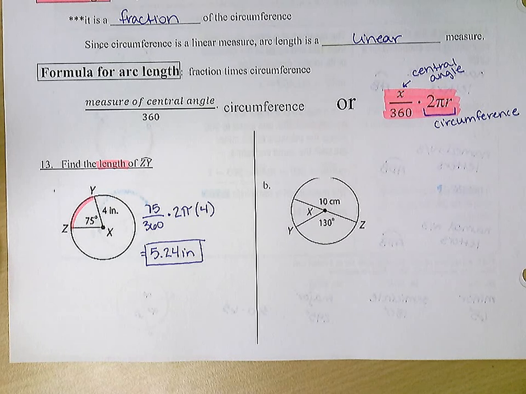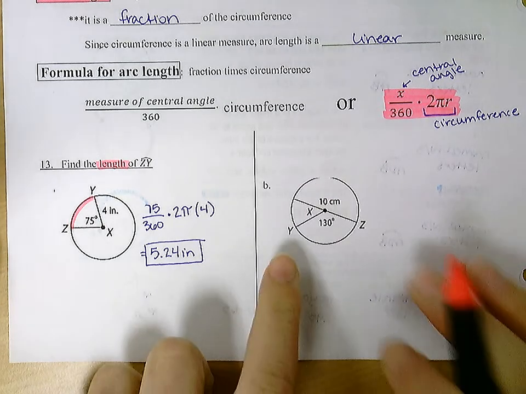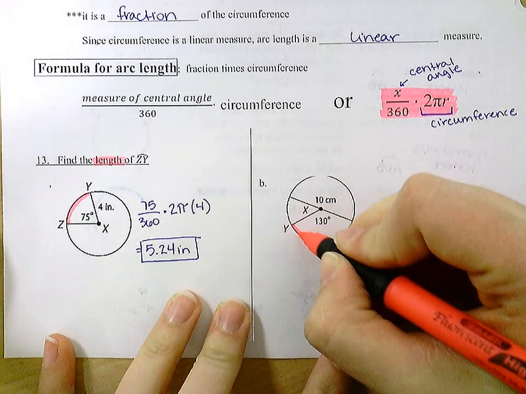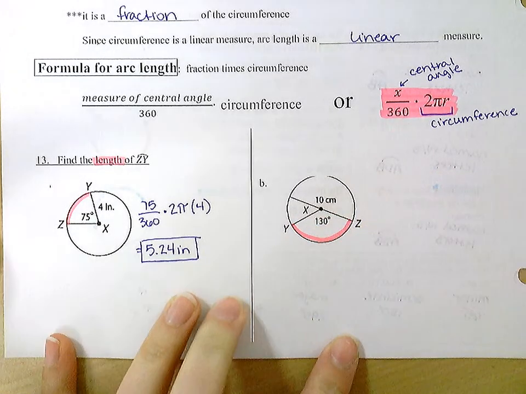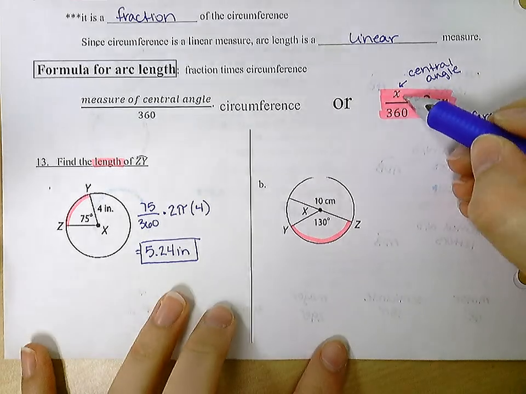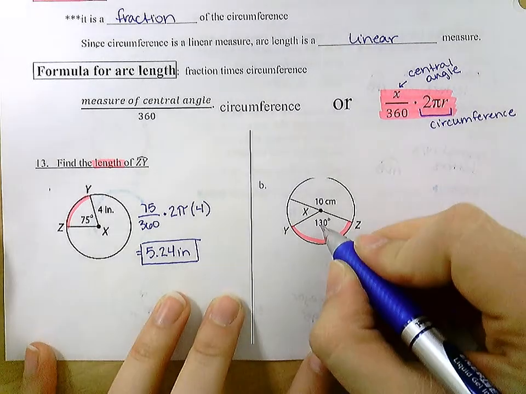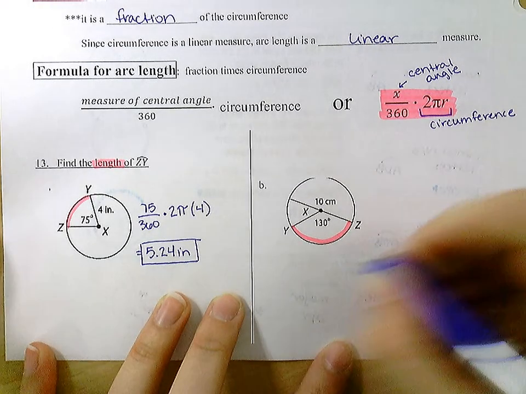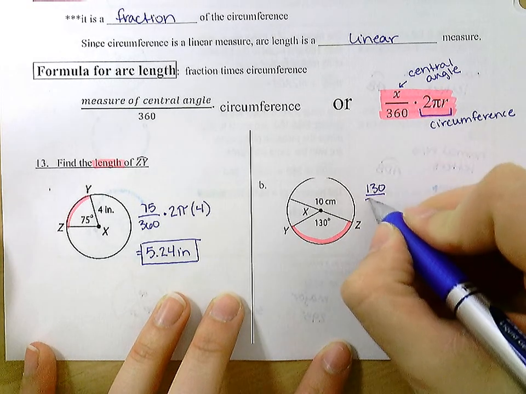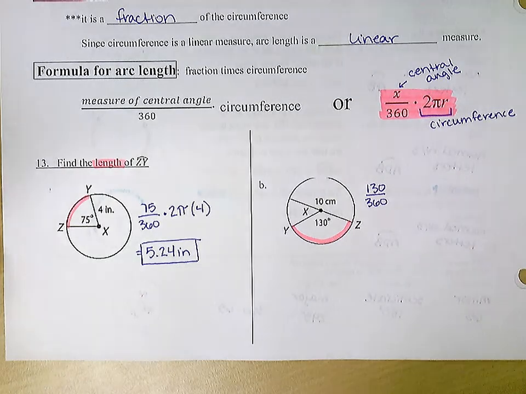We're going to do one more, letter B on this page. We're trying to find, again, the arc length of ZY. That's that length right there. We need the central angle, that's x. Our central angle to that arc is 130. Divide that by 360 to get that piece of that circle.